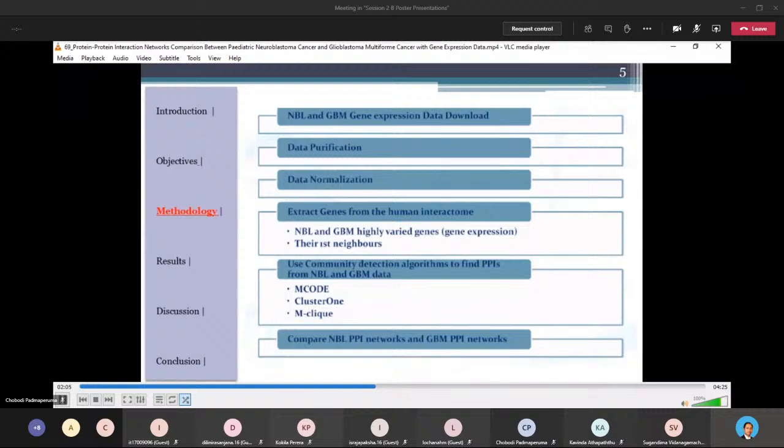Then we have used several algorithms such as MCODE, ClusterONE and MCLIV to identify highly connected communities in the protein-protein interactions that we have developed. Then we compared and contrasted those networks.